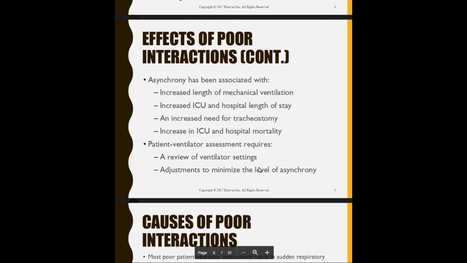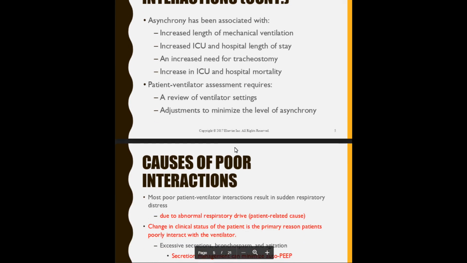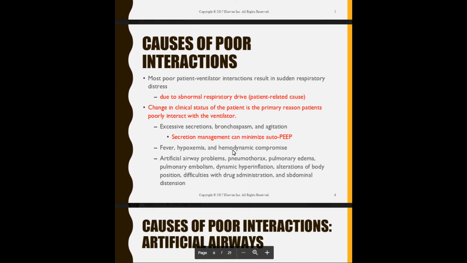Now, patient ventilator assessment. You have to look at the ventilator settings as well as know how to make those adjustments to minimize level of asynchrony. So that's going to be you guys, and this is what we're going to be talking about further on down the chapter.